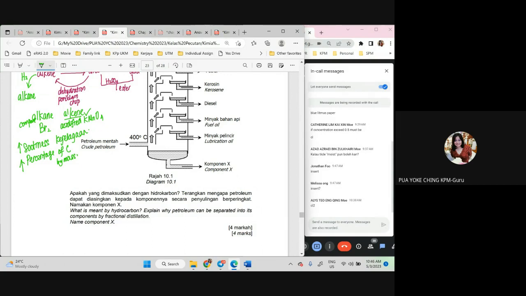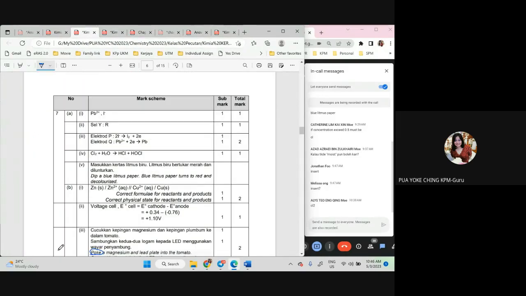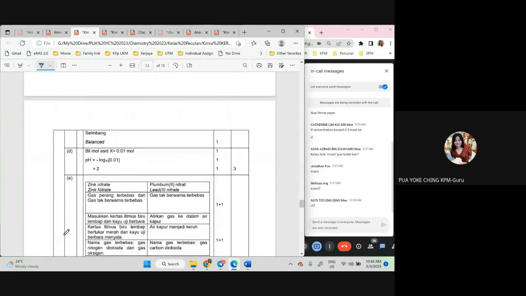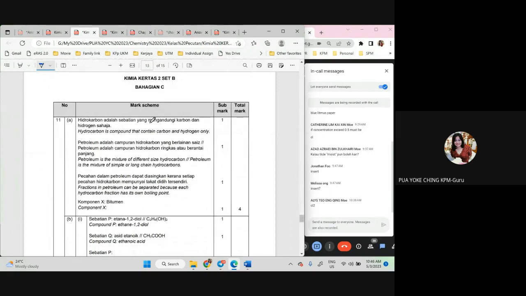So first question dalam essay ni dia tanya apakah yang dimaksud dengan hydrocarbon. Hydrocarbon adalah compound that contain carbon and hydrogen only. Perkataan only mesti ada. Kalau BM mesti ada perkataan sahaja. Okay, not only compound we accept kalau you tulis molecule. So petroleum is the mixture of different size of hydrocarbon ataupun mixture of simple or long chain hydrocarbon.